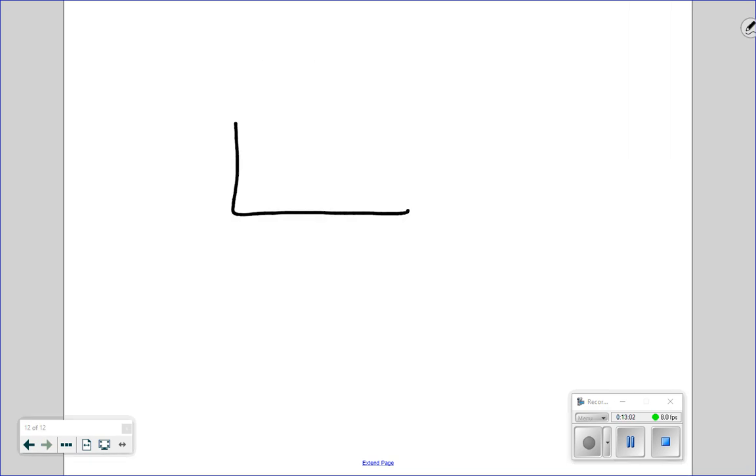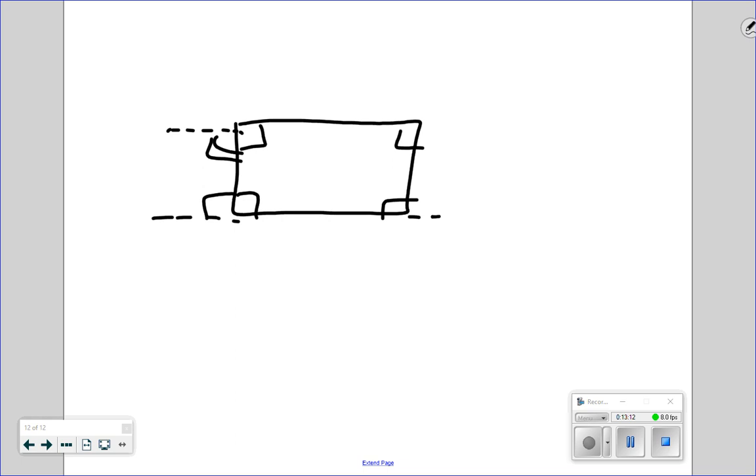If we look at a rectangle, these are all 90-degree angles for the interior angles, but the exterior angles would also all be right angles. And it doesn't matter which direction you draw your lines going out, it's still a supplementary angle. The exterior angles are still all 90 degrees here.